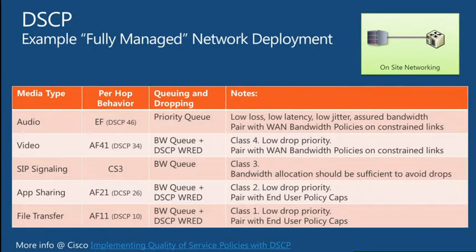Whereas we're a little more forgiving of glitches in video. If we lose a frame, maybe that frame isn't a key frame, maybe it's just an interstitial frame, and we're not going to notice it as much. Whereas things like file transfer and app sharing, maybe we just throw that stuff into the bit bucket.